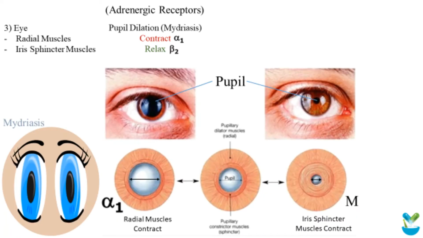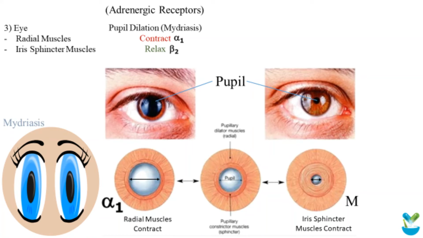When you are in danger, your eye pupil dilates, that is, mydriasis takes place. This happens under sympathetic innervation, and it really helps you to enhance your vision. The pupil, which is an opening to the lens, can dilate or constrict, so it controls the amount of light that enters your eye.